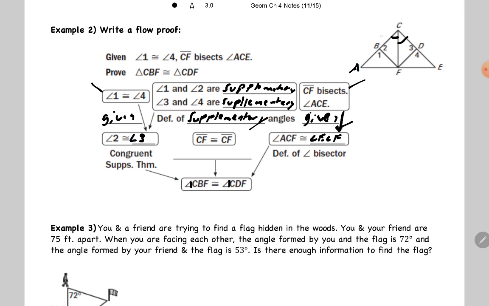Since we showed that angles 2 and 3 are the same, and we have those upper angles being the same, we just need at least one side. And they chose CF. CF is congruent to itself because of the reflexive property. And now that we have two angles and a side, we can prove that the two triangles are congruent.